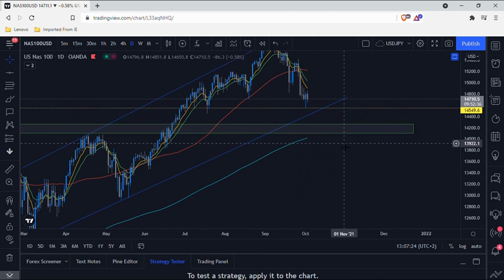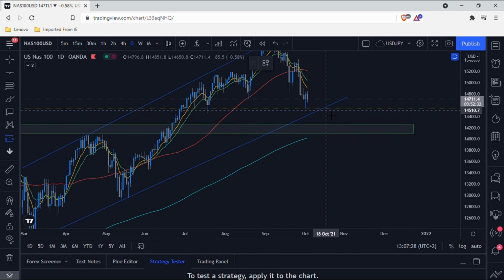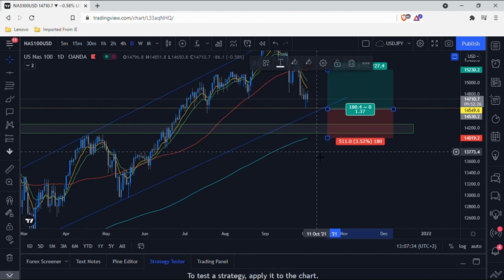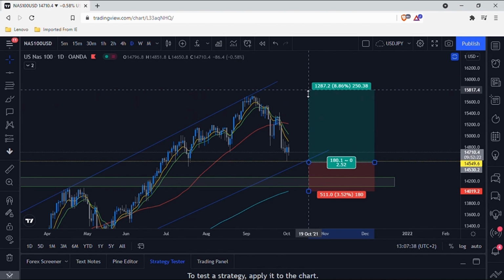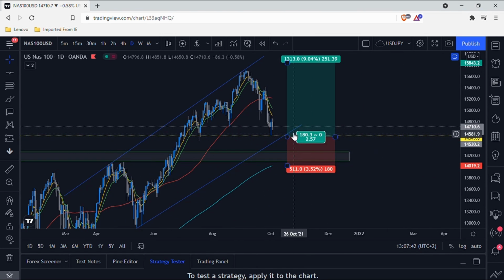But my stop is quite wide. So my stop looks something like this, below this area, right? And then my take profit is sitting all the way just above the all-time high, right? That's my current scenario that I'm sitting with.